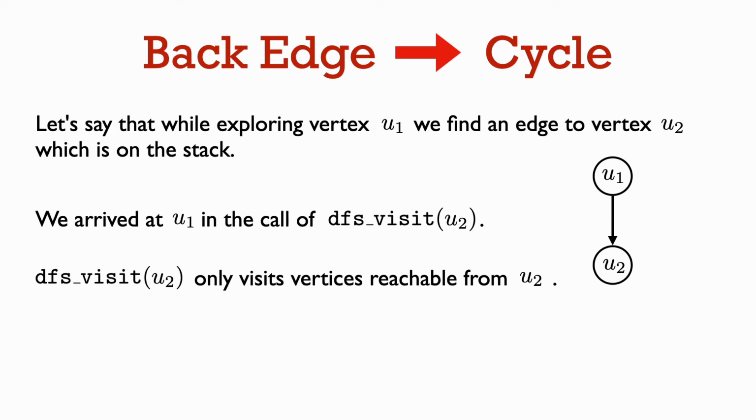But since we arrived at U1 during the call to DFS visit of U2, this means that U1 is reachable from U2. We know that we only follow outgoing edges in DFS visit of U2, so we will only arrive at vertices reachable from U2.